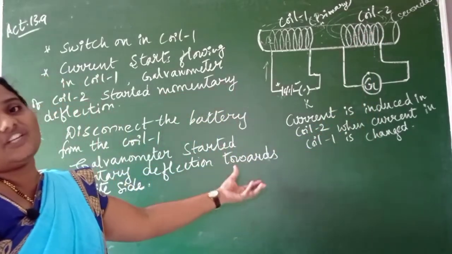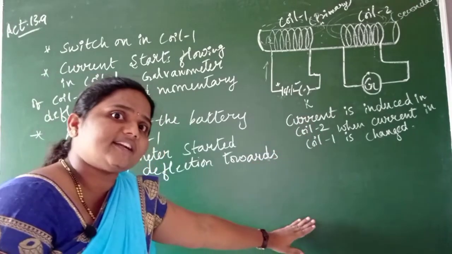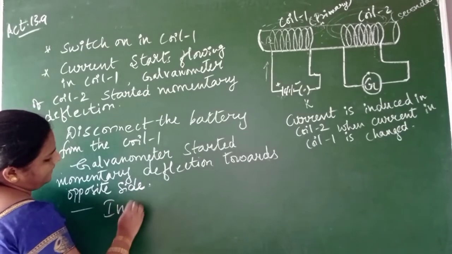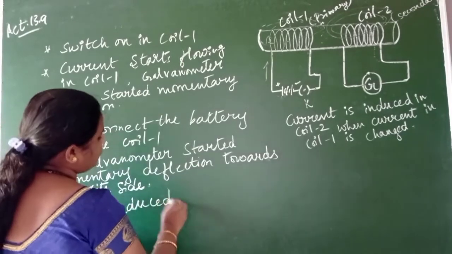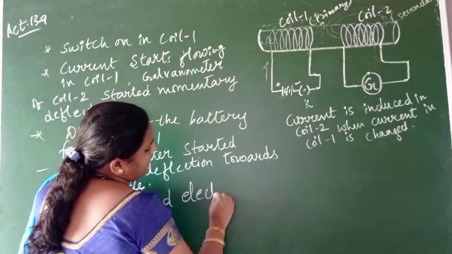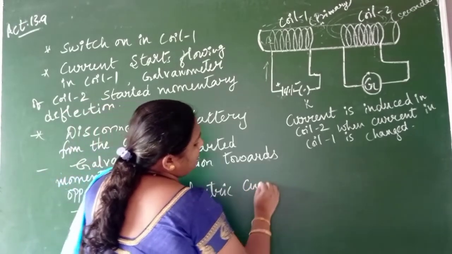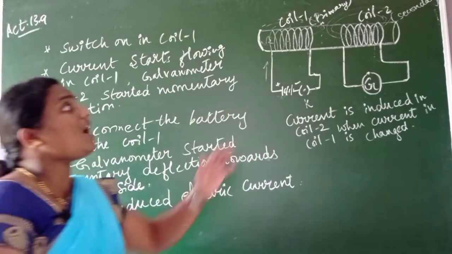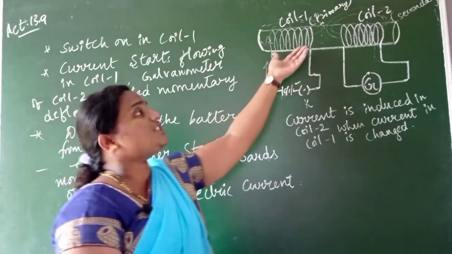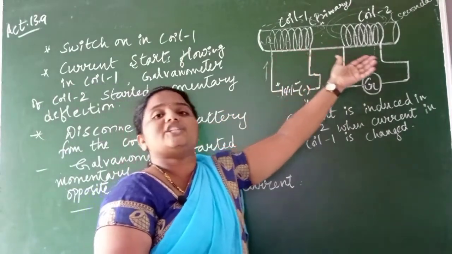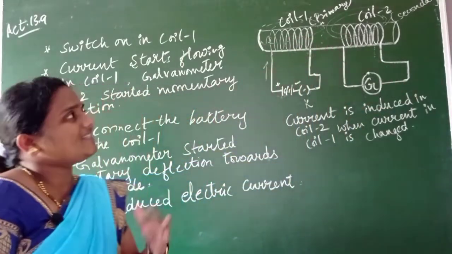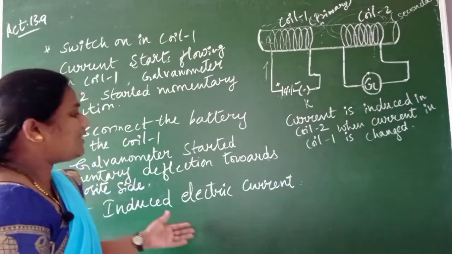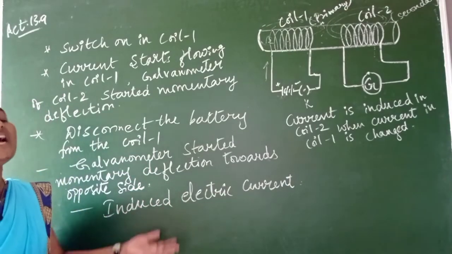Due to this change in the magnetic field of the other conductor, we can produce what? An induced electric current. Due to what? A change in the magnetic field of the first one, which brought a change in the magnetic field of the second coil or conductor.